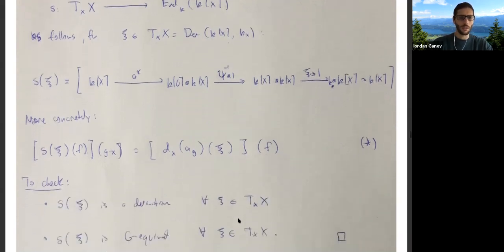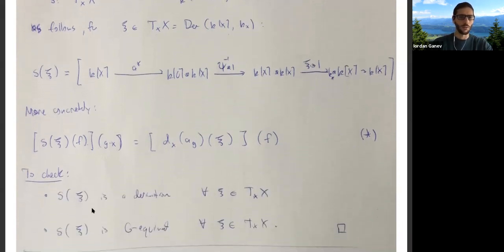Now there are some things to check that I won't go through. First of all, this is actually a derivation. That's not too hard to show because we know that this tangent vector is a derivation. And second, that it's G equivariant.